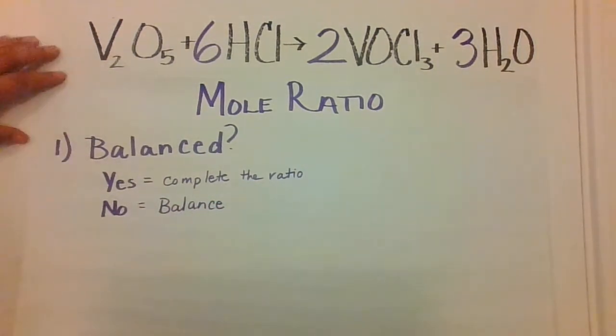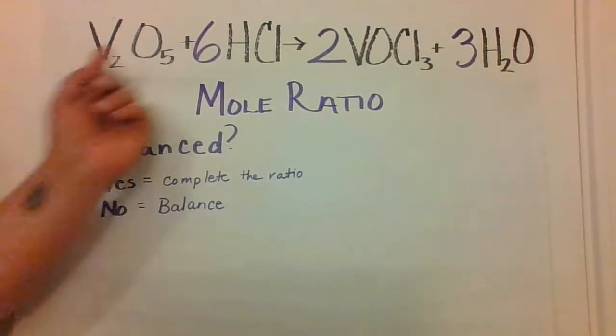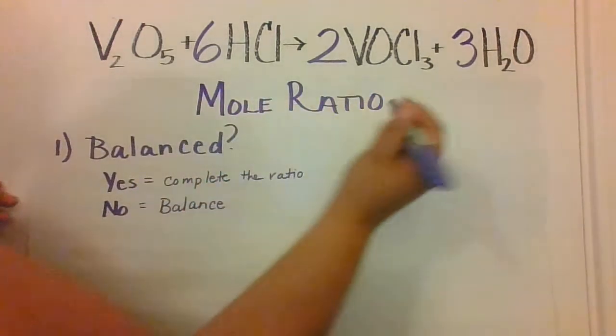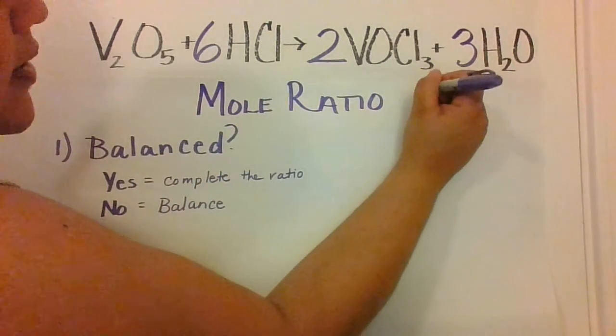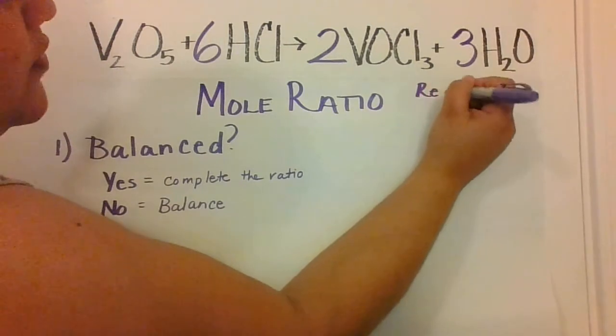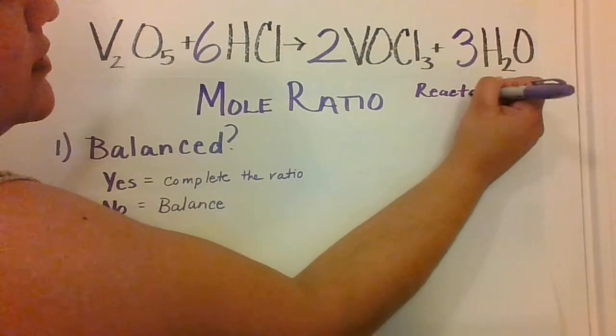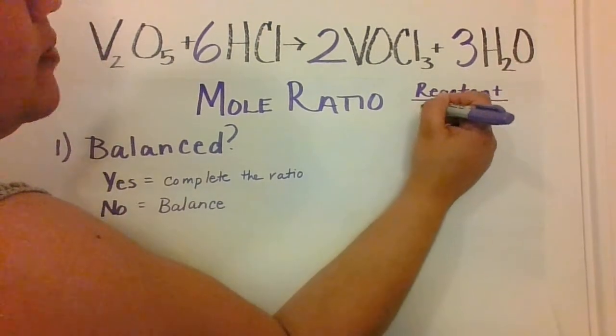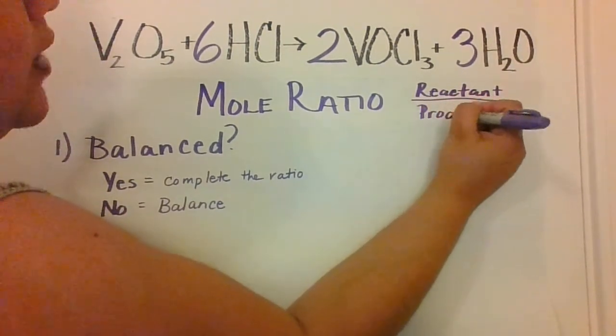But because we are already done with an equation, we're going to use this one as the problem for our ratio. And I want us to think of a mole ratio of the number of moles of a reactant over the moles of a product.